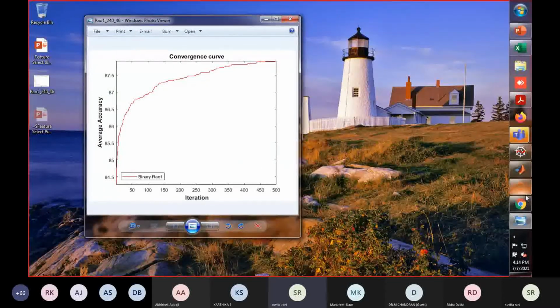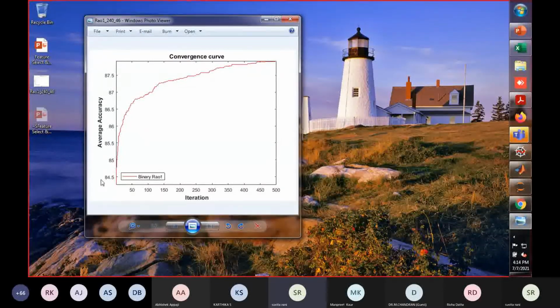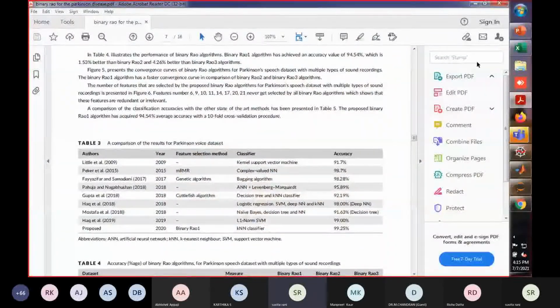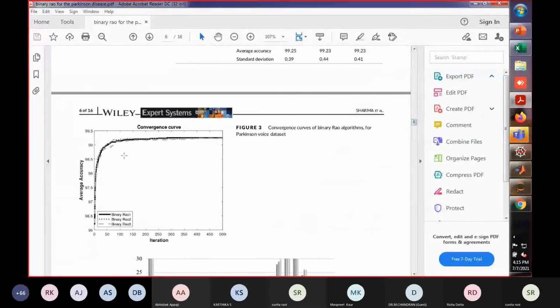We already saw, if we manually give the k parameter, it may give 84, but the binary RAW starts with 84, then gradually increases and goes up to 99.25 maybe. This is the paper in which 3 algorithms are used, and the value starts from 96 and goes up to 99.25.